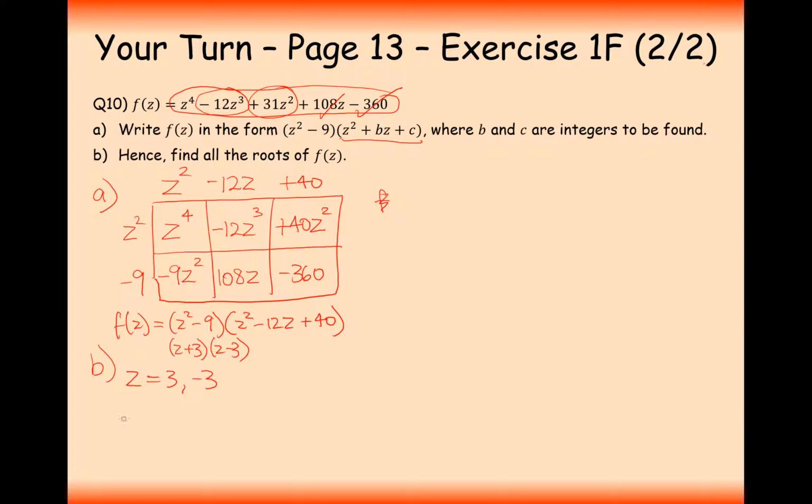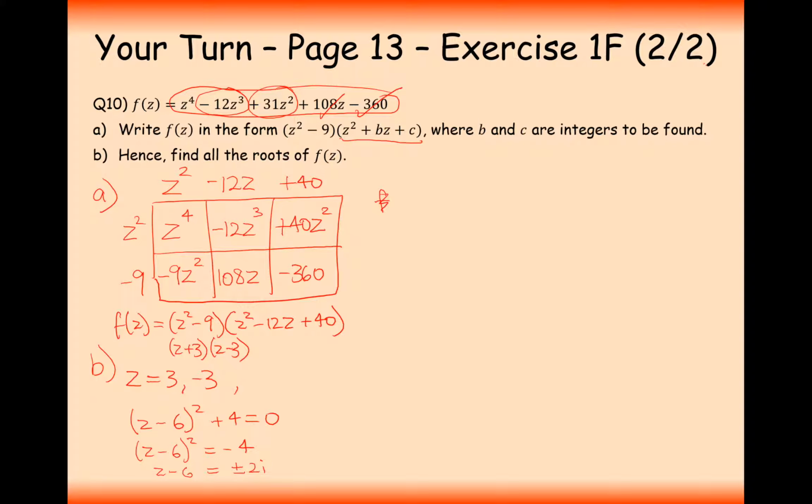And for the last bit here, I'm not too sure on this, so we'll complete the square. So it's going to be z minus 6 squared. That's going to give us a 36, so we need a plus 4 equaling 0. So then it will be z minus 6 squared equals minus 4. Square root both sides, and we'll get z minus 6 equals plus or minus 2i, because that's how we square root minus 4.